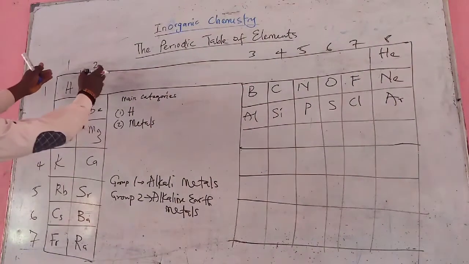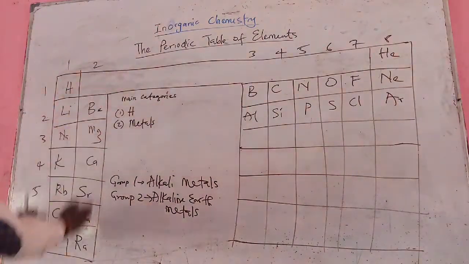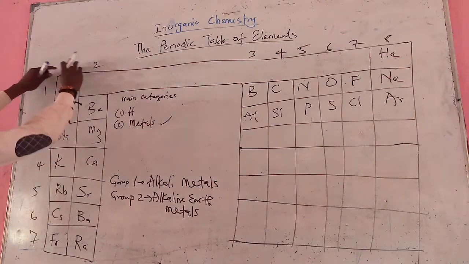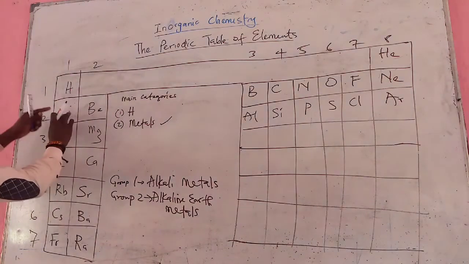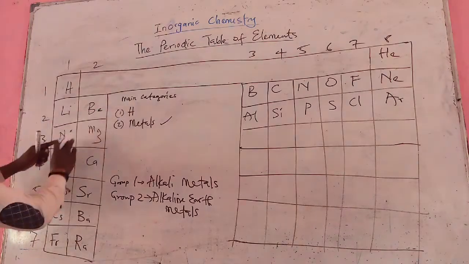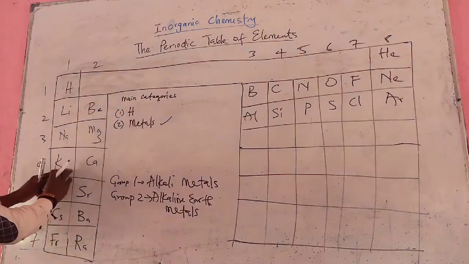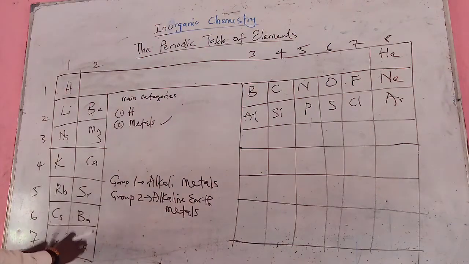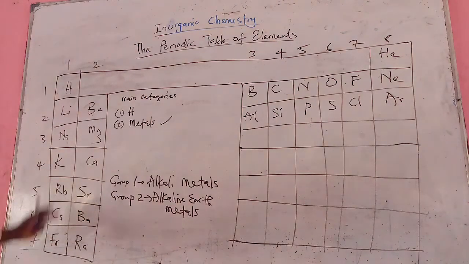Now, these 2 categories of elements are the metals in the periodic table. The alkali metals, hydrogen is not a metal. That is why we said hydrogen is a category on its own. So lithium, beryllium, sodium, magnesium, potassium, calcium, rubidium, strontium, cesium, barium, francium, radium: these are the metals. Alkali metals, alkaline earth metals.